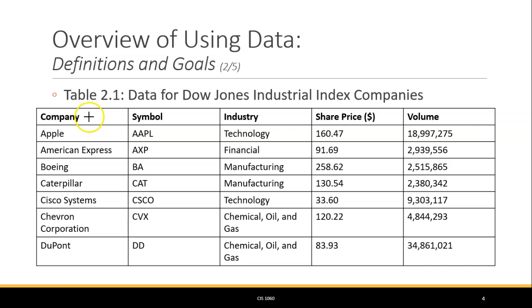One variable is the company, another variable is the symbol, another variable is the industry, the share price, and the volume. This right here is the data representing the volume for this observation. This is the volume for Cisco Systems, which represents this observation.